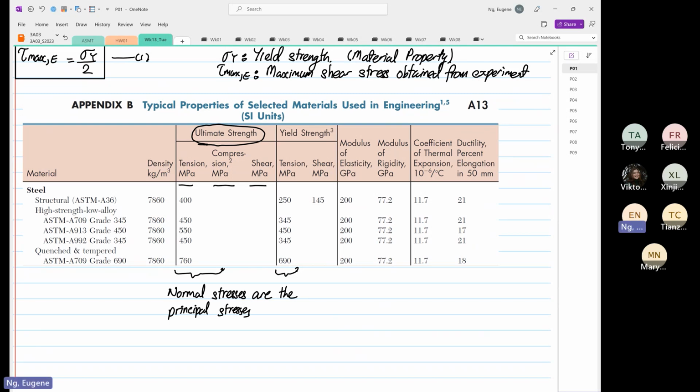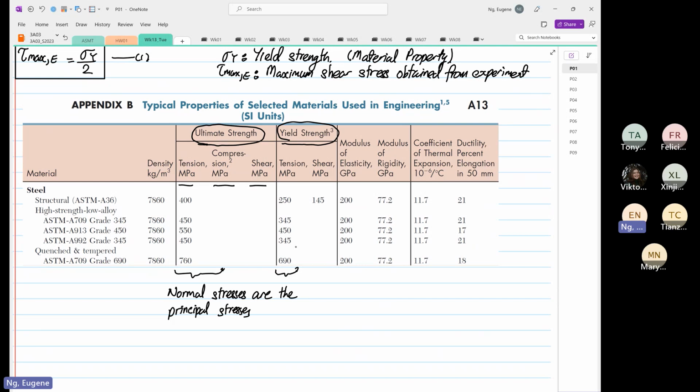Then the next column is your yield strength, which we will use more frequently than ultimate strength for ductile materials. You have tension and also shear.